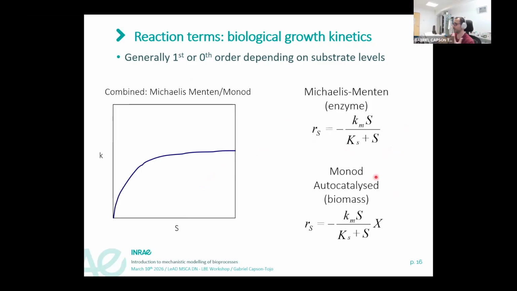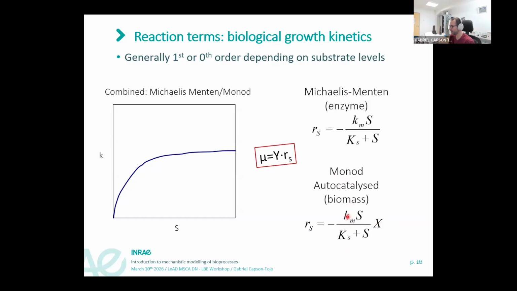But because in biological reactions, the reactions are autocatalyzed by the biomass, you need to include the biomass terms in the Michaelis-Menten equation, which is basically where Monod comes from. I will go back later on to what these two parameters mean.